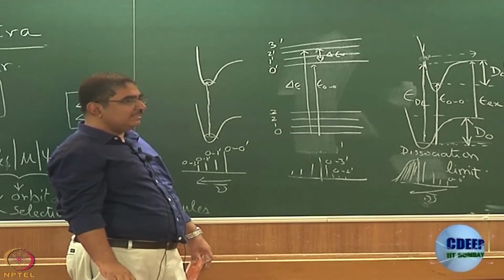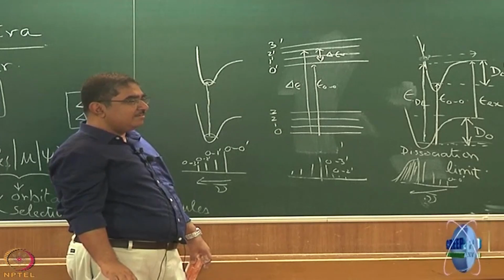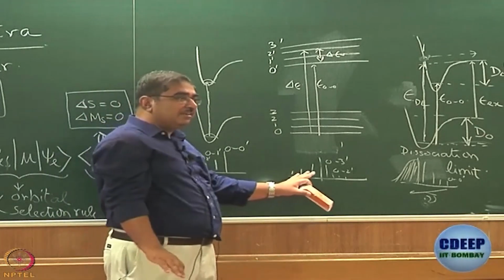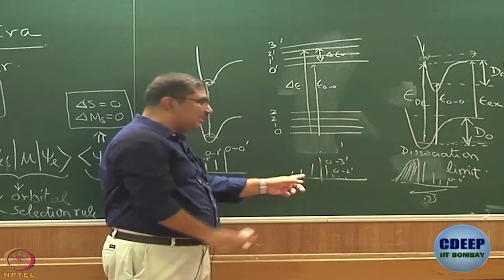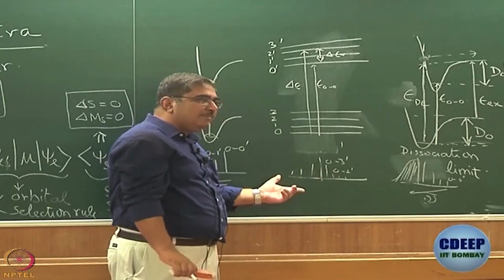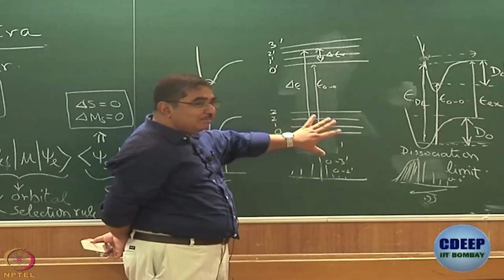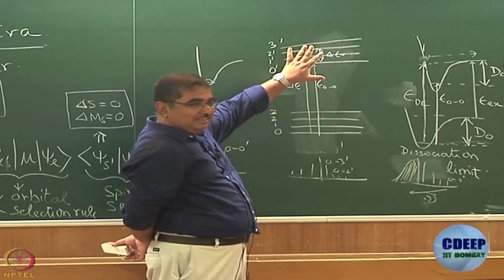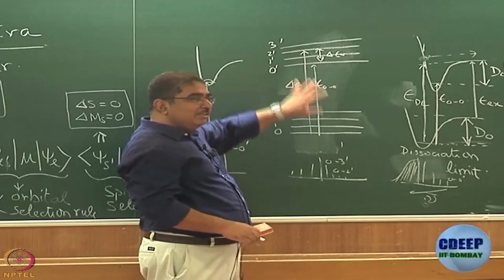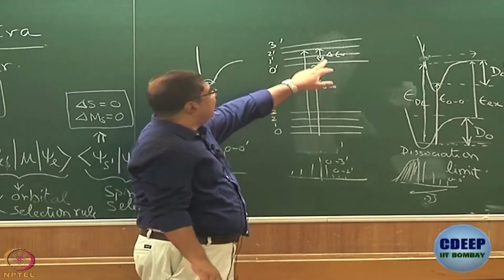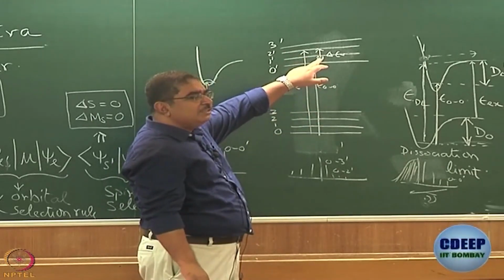Vertical transition, yes. No, intensity may be different. Intensity is going to change, right? This is intensity, but the position will be there. Vibration energies will be a little different from here to here because the bond is weaker. So usually the vibration energy is also different, but I have written it here as delta epsilon V. What is the problem with that?